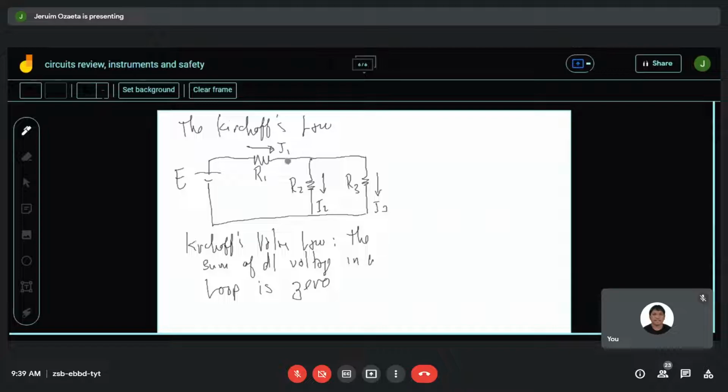What is a loop? A loop is a path of current which takes the flow in a complete path going back to the source. So we can say this is loop 1. Okay. Loop 1. We can say this is loop 2.